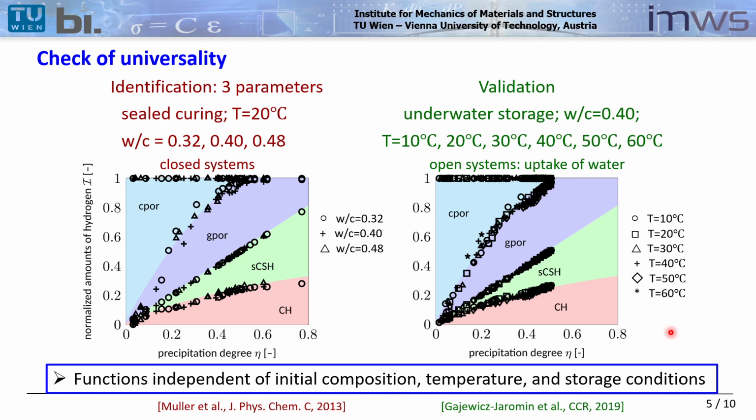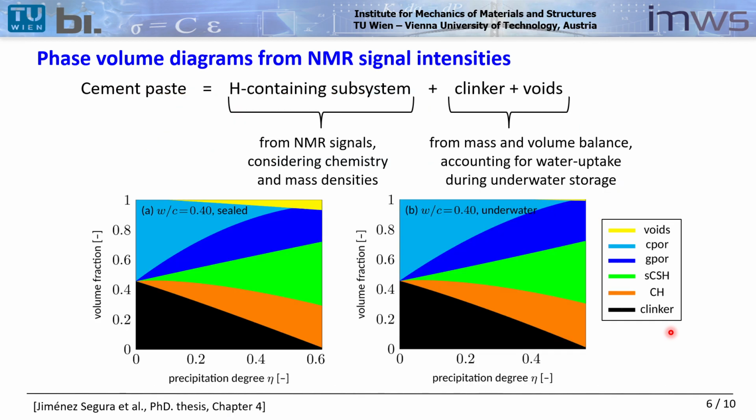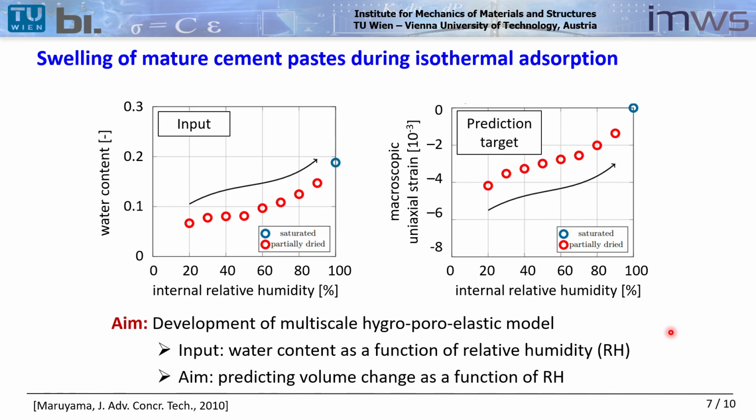This allows us to calculate the volume fractions not only of the phases containing hydrogen, but also of the clinker and the air-filled voids. These volume fractions were used to study the swelling of mature cement paste during isothermal absorption.